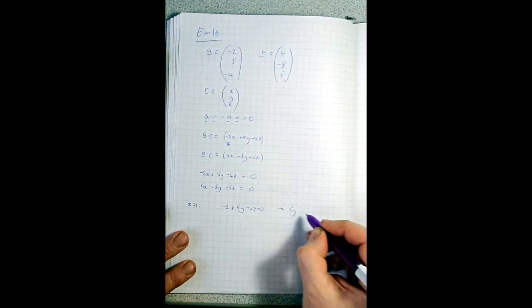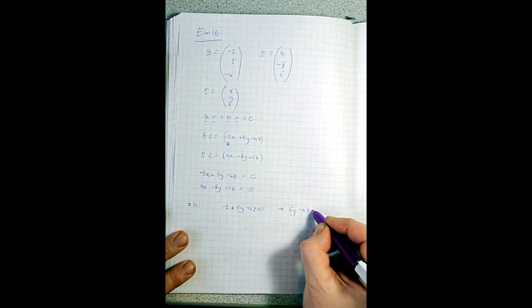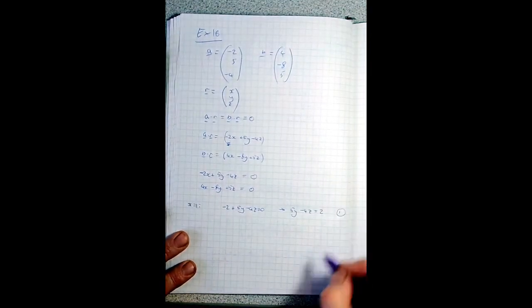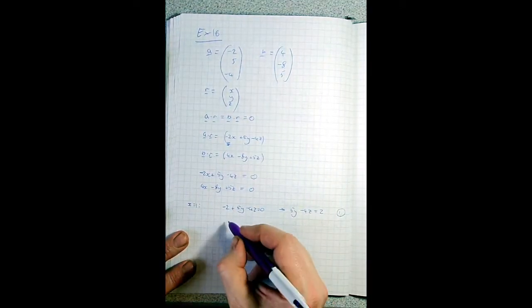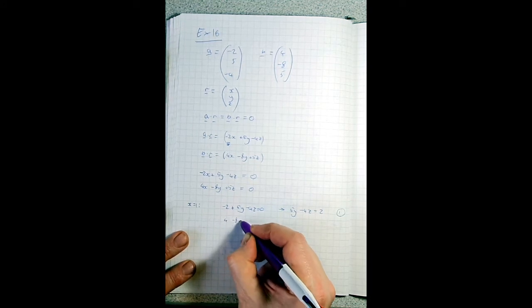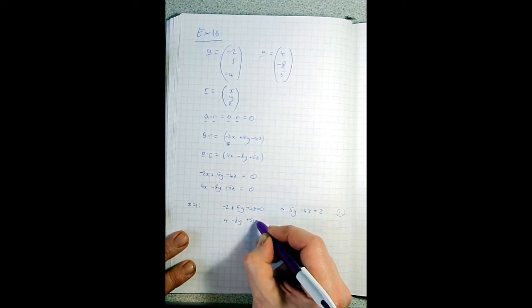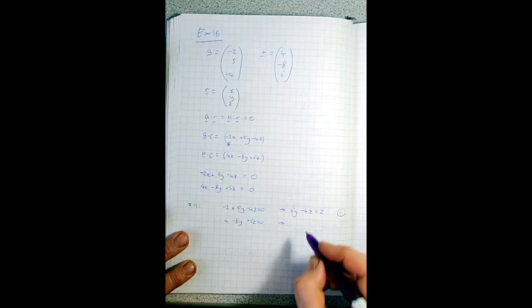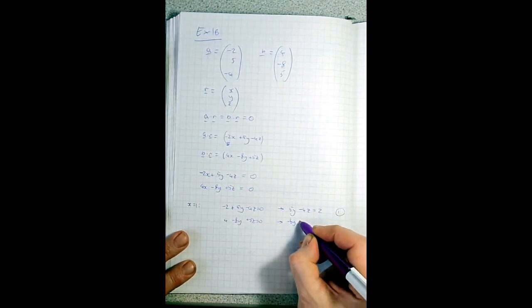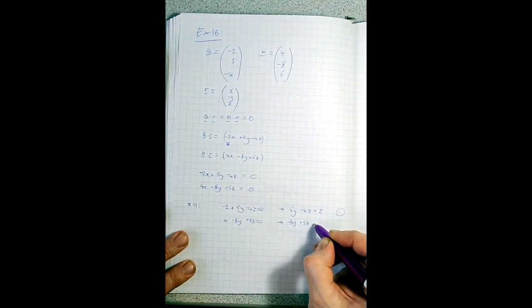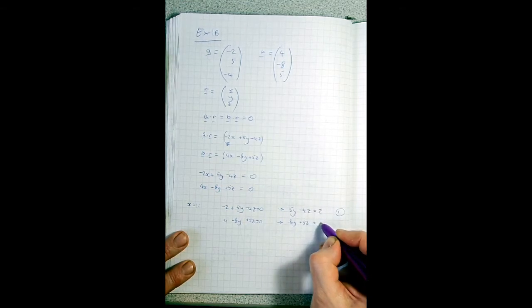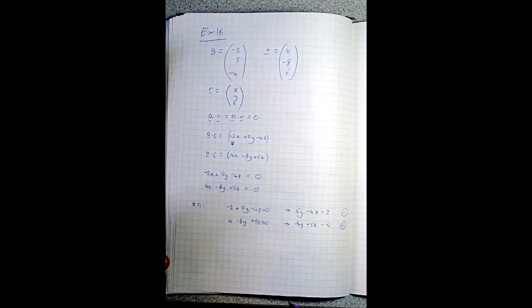So let's write that in the form that I'm used to with my simultaneous equations. There's equation number 1. 4 minus 8y plus 5z equals 0, so minus 8y plus 5z equals minus 4. Equation number 2.